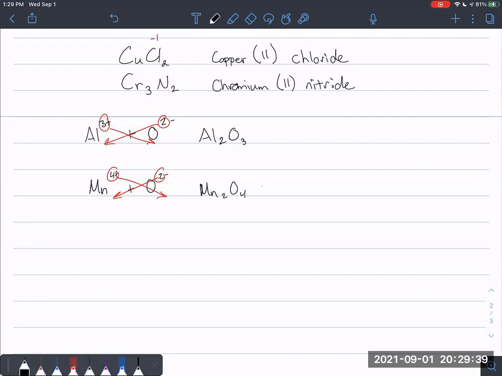We actually have to take that down to MnO2. And now this only pertains to ionic compounds. When we talk about molecular compounds, those do not need to be in the smallest whole number ratio. Ionic compounds, the subscripts must be in the smallest whole number ratio.